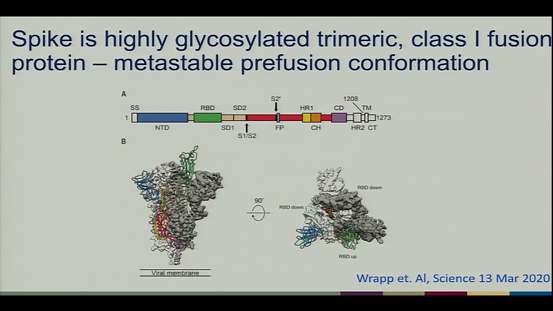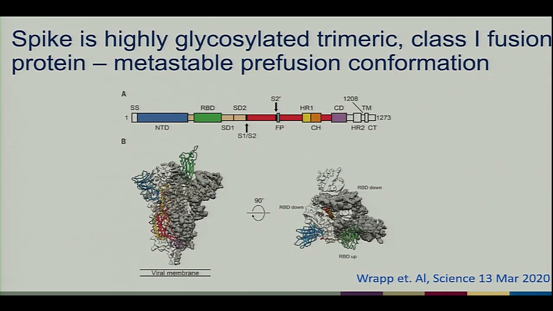So this is a structure of the spike antigen that was determined by Jason McLellan and Barney Graham at NIH, and it is a trimer. It is a massive protein that is divided into the S1 region and the S2 region.